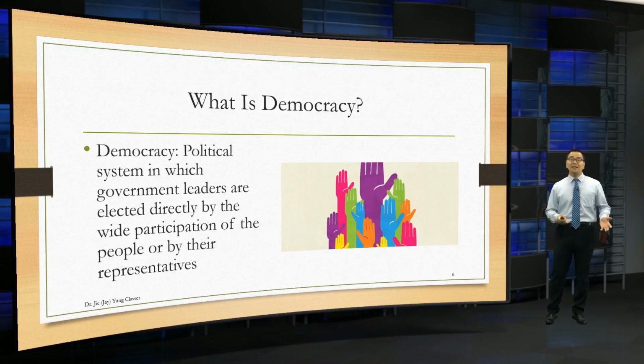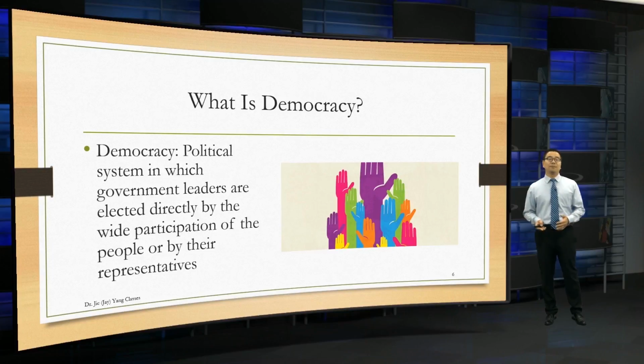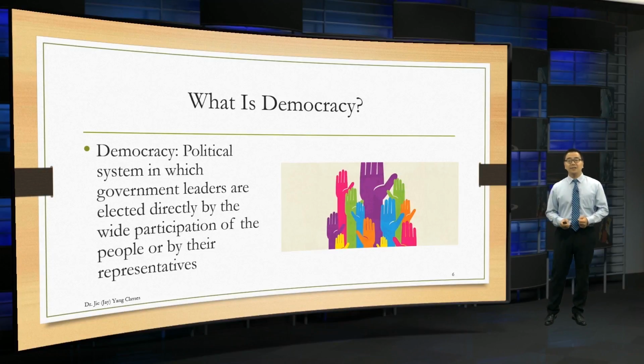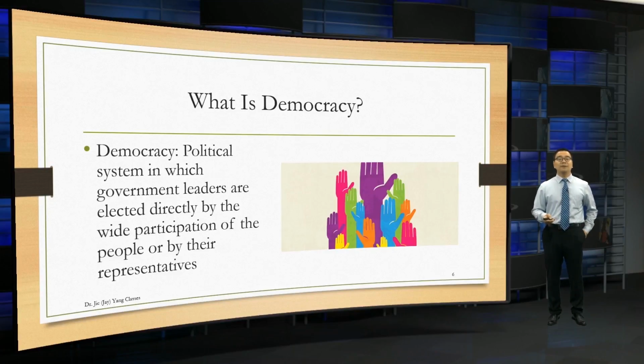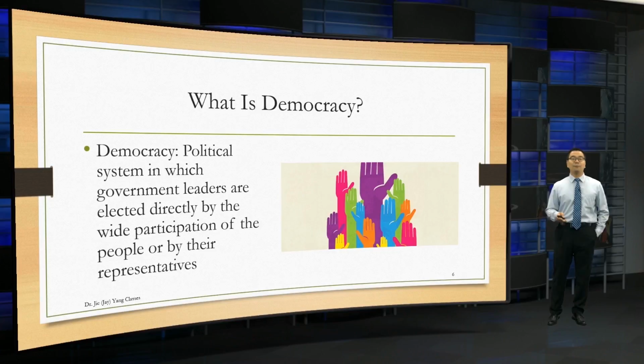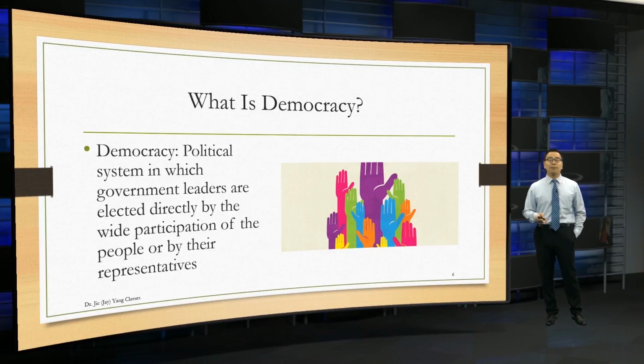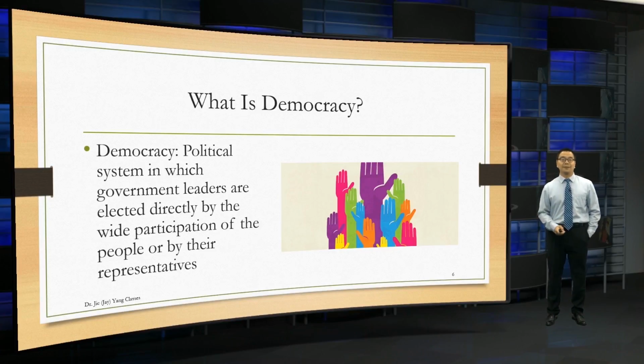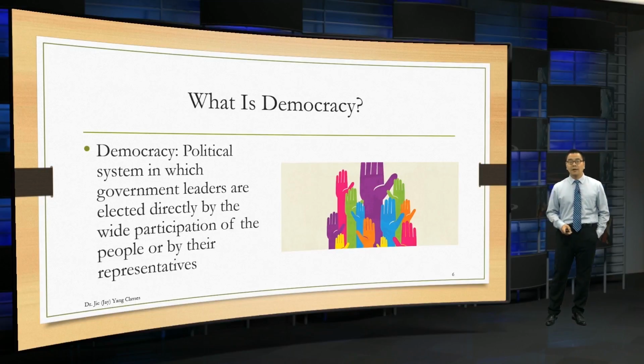Okay, the second dimension to assess a political system is democracy versus totalitarianism. By definition, democracy is a political system in which government leaders are elected directly by a wide participation of the people or by their representatives. Please keep in mind that democracy is usually associated with individualism.